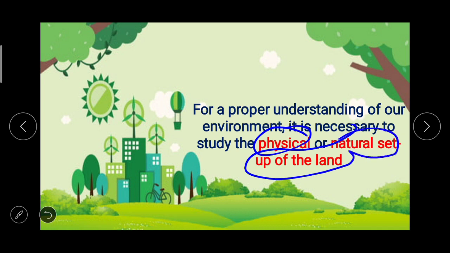Once we understand the physical or natural setup of our land, it is very easy for us to understand the region, the country or the state in which we are living. So in this topic we are going to study maps, or the use of maps in understanding the physical or natural setup of the land.